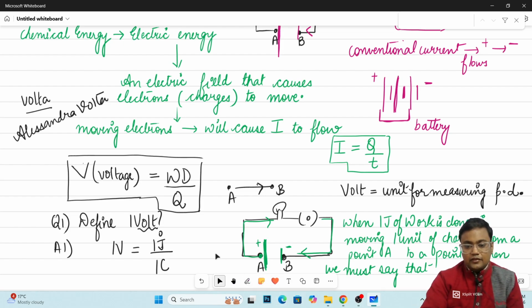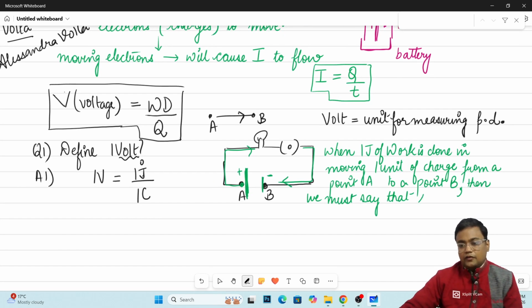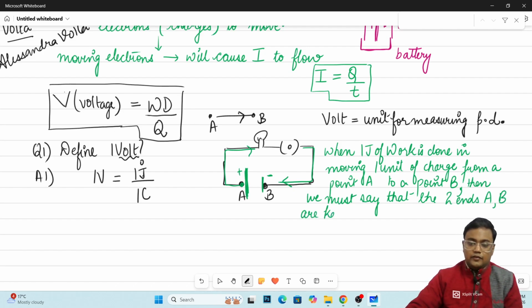Then we will say that the two ends A and B are kept between a potential difference of 1 volt.